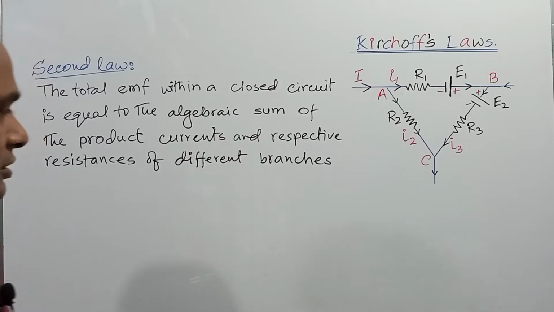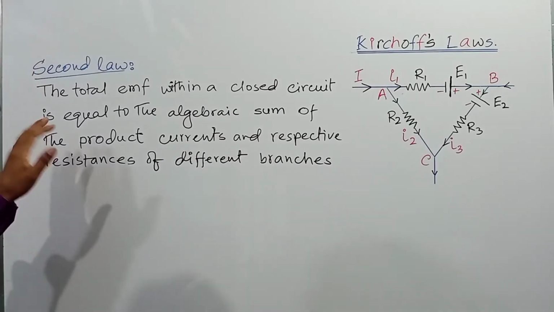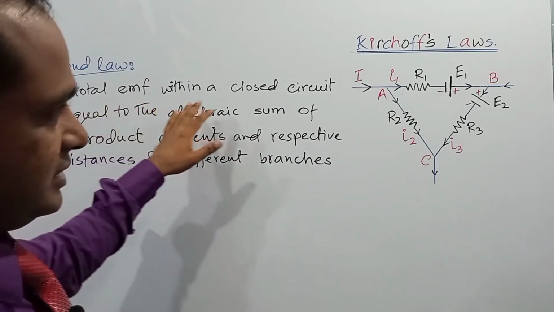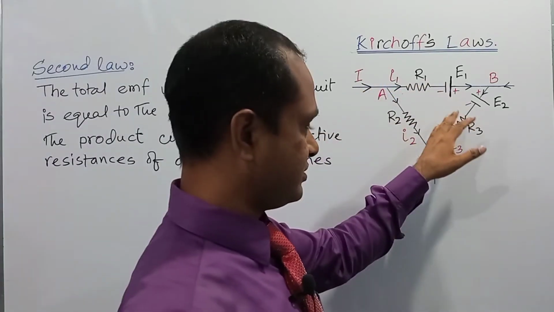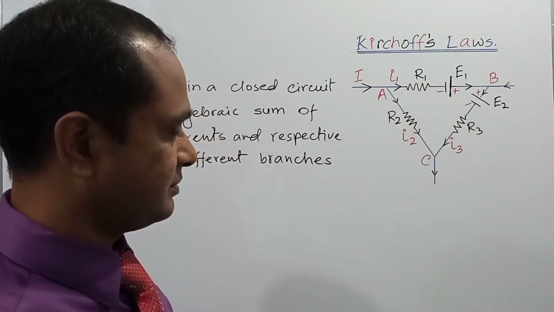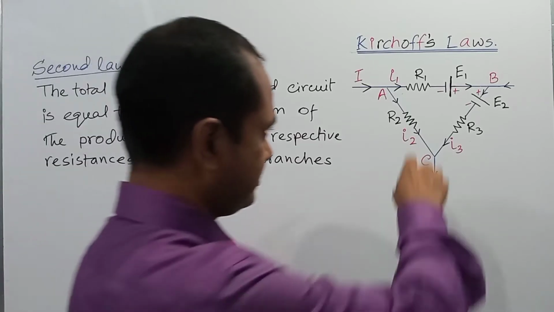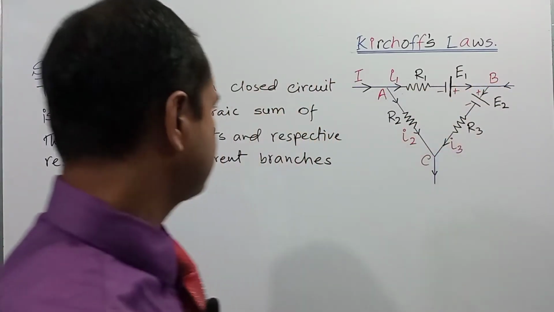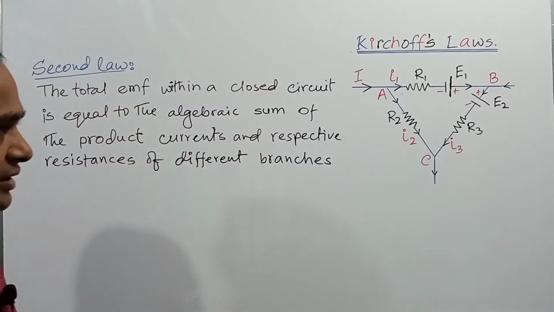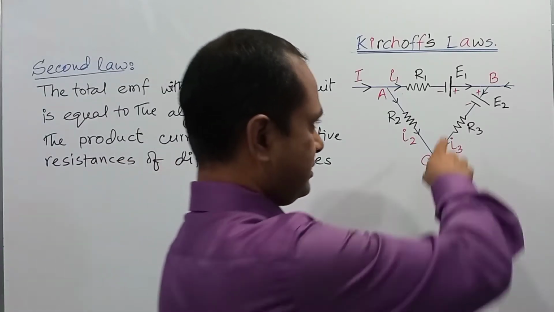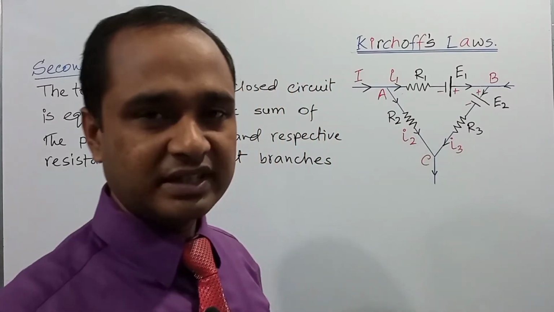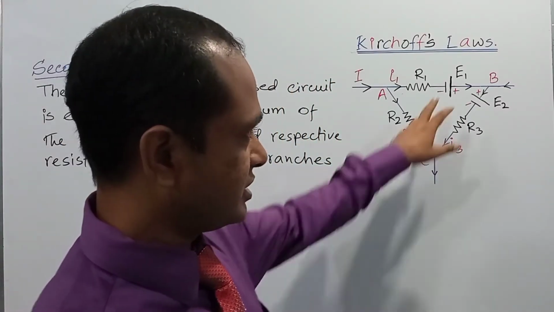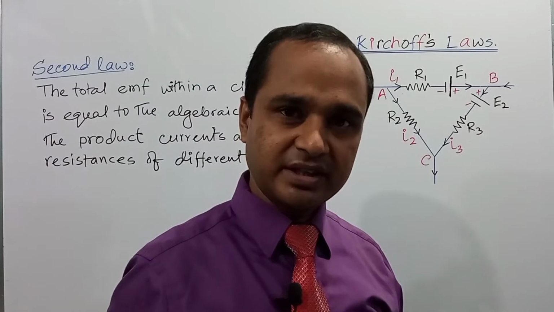The second law, or loop law, says that the total EMF in the circuit, and we consider this circuit for better realization, is a closed circuit, because A, B, C, A is a closed circuit. In the closed circuit, we use two electric cells, one denoted by E1 and another denoted by E2.